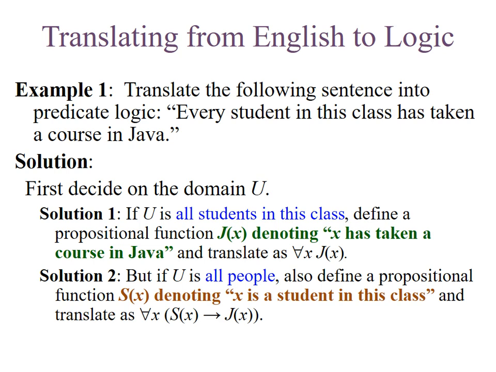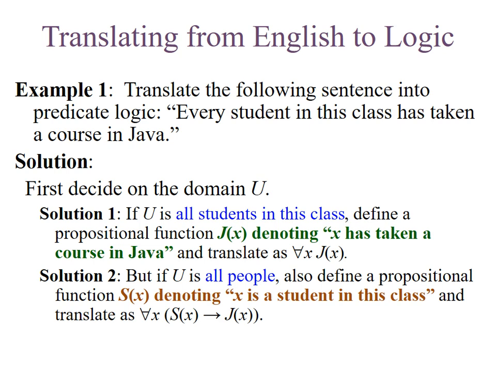If we define U as all students in the class, and J of x means x has taken the course in Java, then to say every student in this class has taken the course in Java, we can simply write for all x, J of x, because the domain is all students in this class.